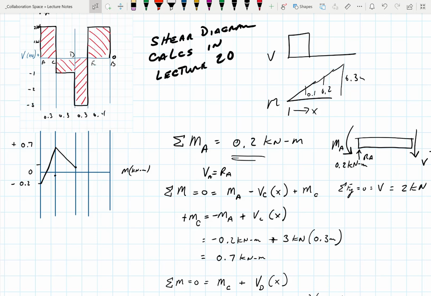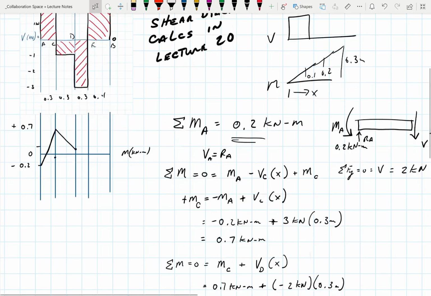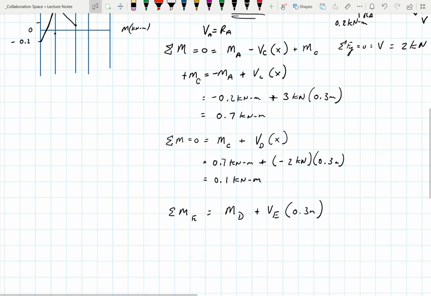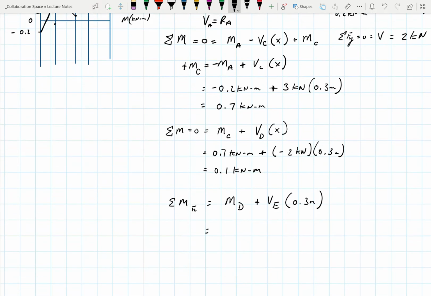Ooh, did we do something wrong in that shear diagram? Negative 3. Let's see if I play this out in my head for a minute.